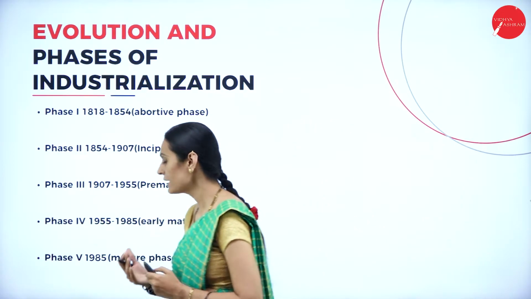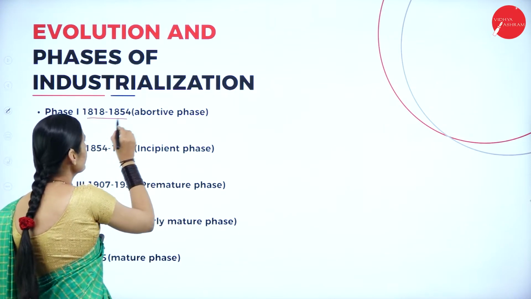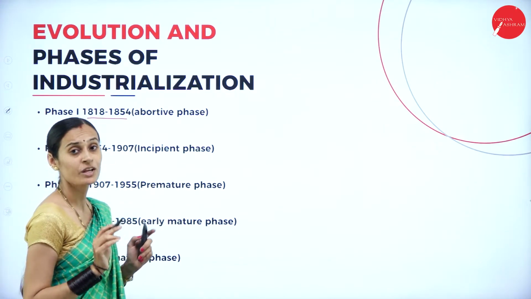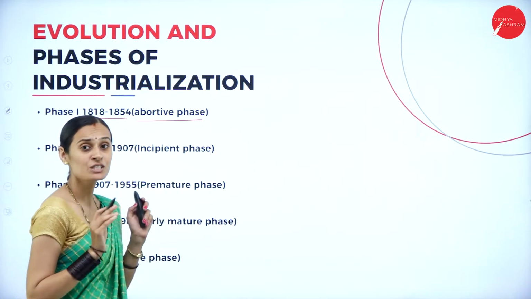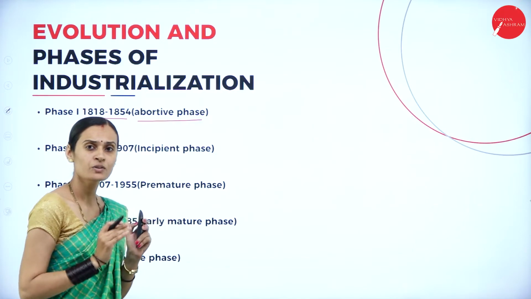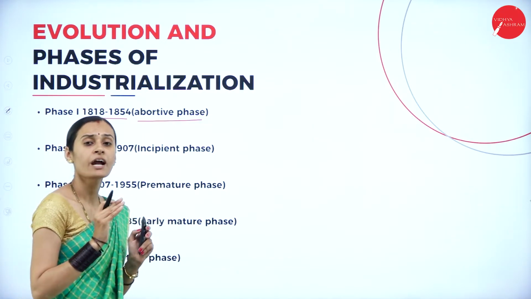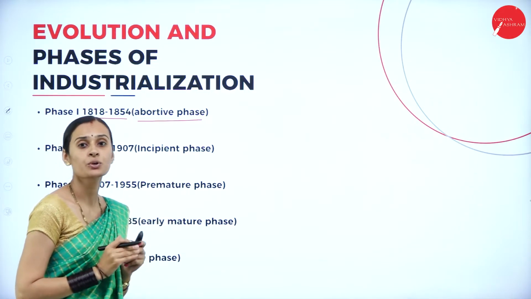There are five main phases. The first phase was from 1818 to 1854. This period is called the abortive phase. There was no development in industrial sectors, and during this period our industrial sector suffered under British rulers.